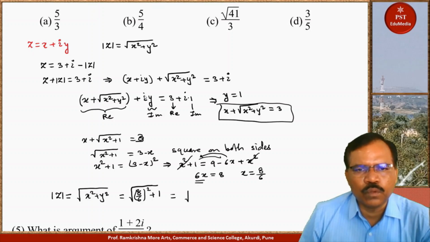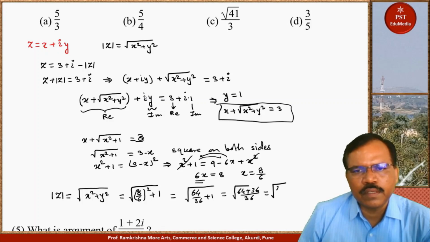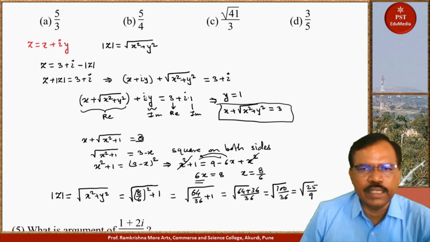So we will get root of 64/36 + 1, which is root of (64 + 36)/36. So we will get root of 100/36, which is 10/6, that is 5/3. That is modulus of z. So we will get modulus of z equal to 5/3.